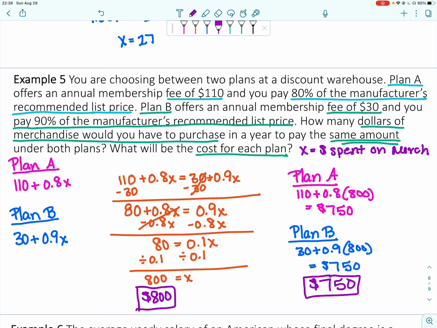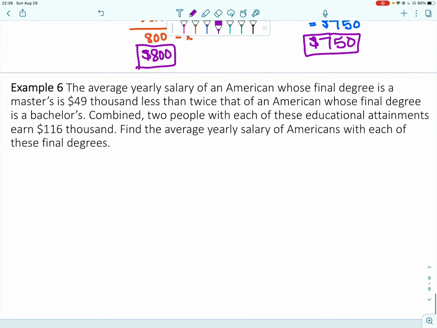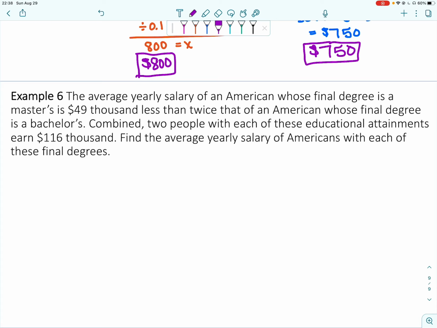And you can check things out, plug in different numbers, and make sure that what I just said is correct. But that's how that one is. So, one more example of a possible type of word problem you could run into. This one is really tricky.